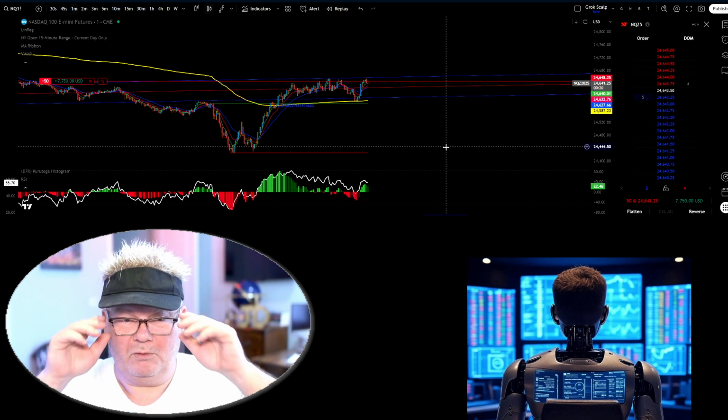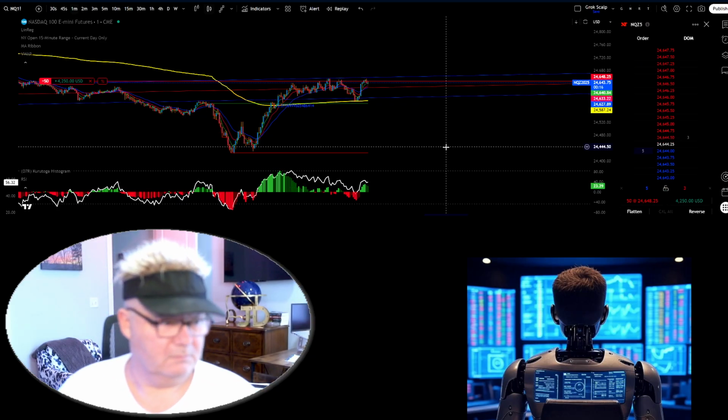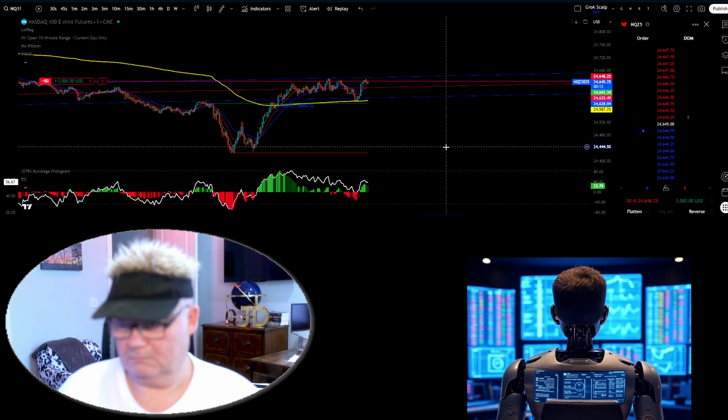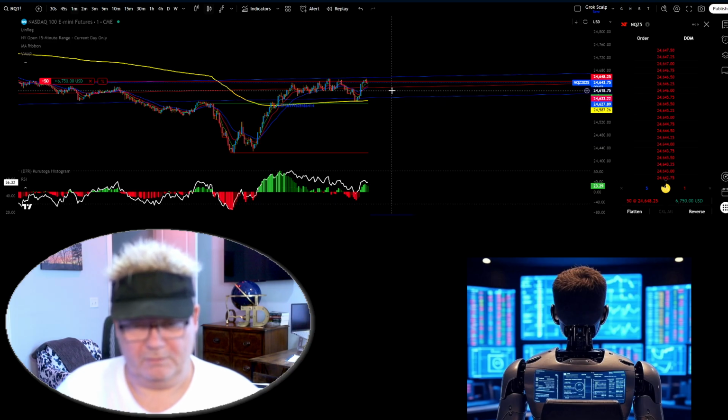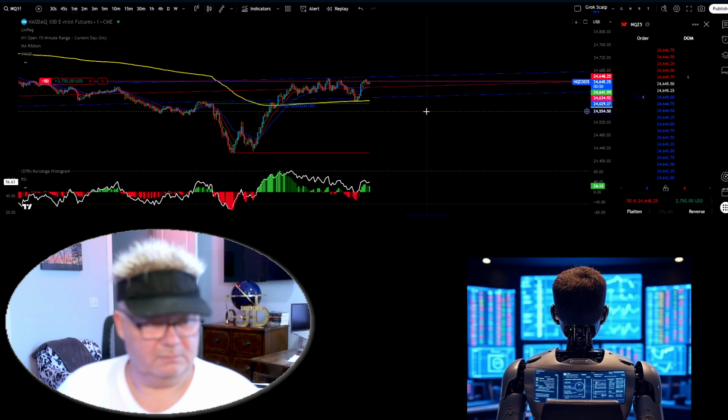Love to get another VWAP test. I'll take it in the second time for sure. Target about right in there, I guess. Half of that gap. See what happens here.